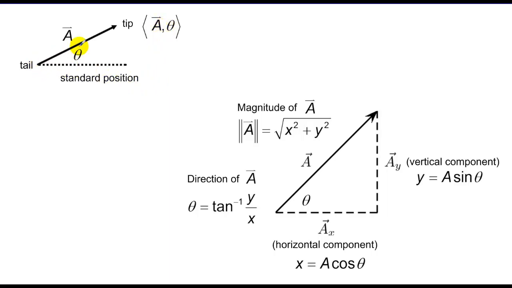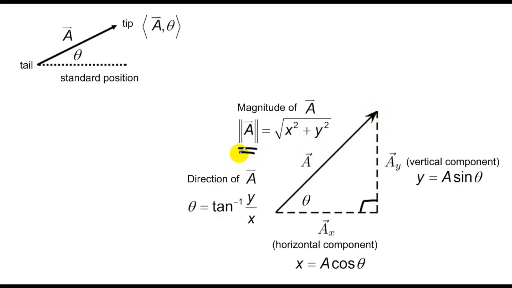Now if we want to find the length of a vector out in space, we know that that vector makes a right triangle, and from that right triangle we can take the vector's x coordinate and y coordinate and use it in a Pythagorean relationship to find the length or the magnitude of that vector.